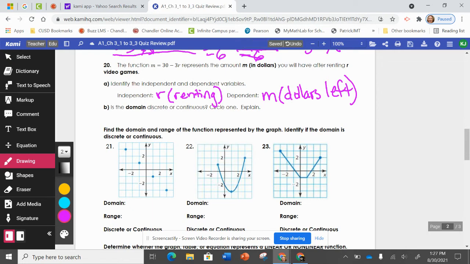Is the domain discrete or continuous? I'm going to say it's discrete because if it's talking about renting games, you either rent the game or you don't rent the game. So we cannot rent part of a video game.